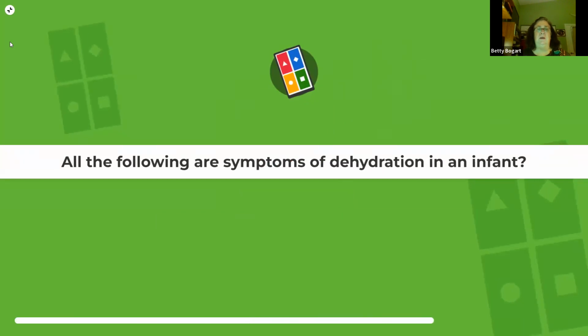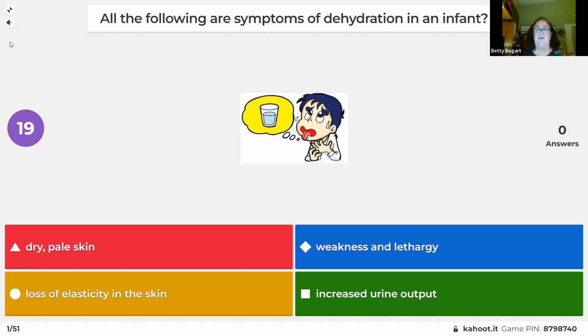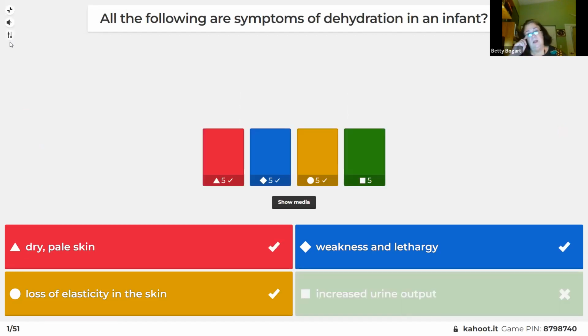All of the following are symptoms of dehydration in an infant, except what? Increased urine output, would that be a sign of dehydration?